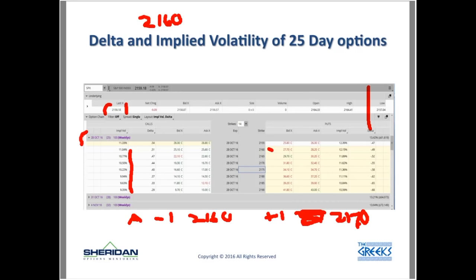We're at 2160. A, if I sell one 2160 and buy one 2170 in the calls, that's called a call credit spread. Everybody understand what that is? Yes? No? Right? It's a call credit spread at the money. I'm selling it at the money 2160, buying one 2170.